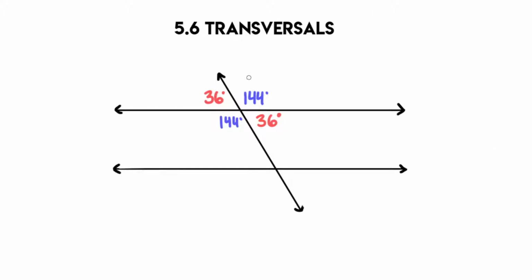For example, this angle right here, we know that angle is 36 degrees, correct? Now I'm going to grab that angle and translate it down. I'm just sliding this angle around, and just because I'm moving it doesn't change it. This is still 36 degrees. I know it's still 36 degrees because I can grab this angle and put it right back into that corner, and look, it fits perfectly.